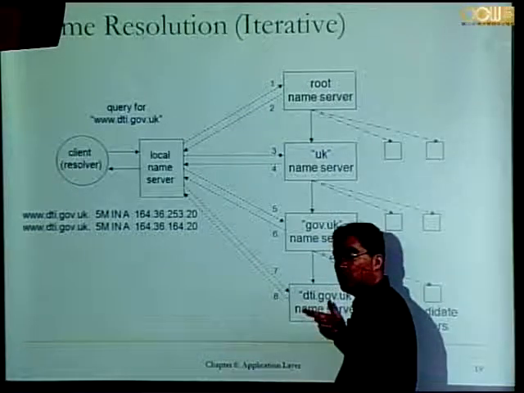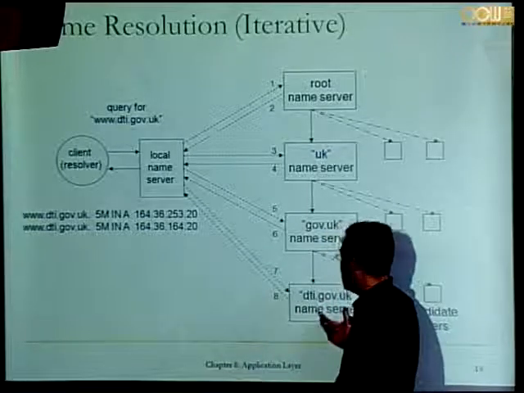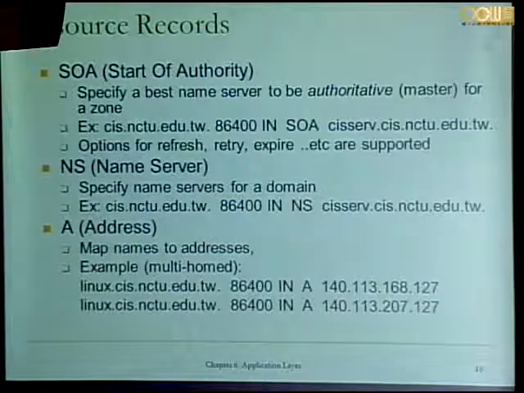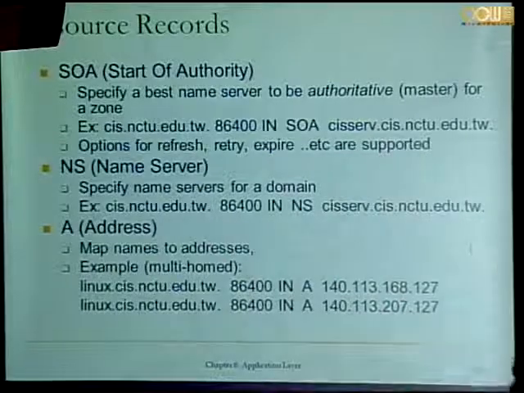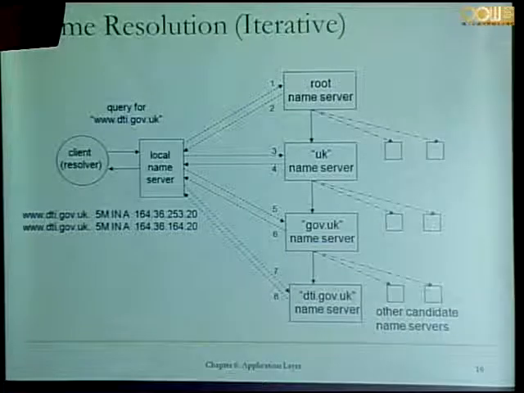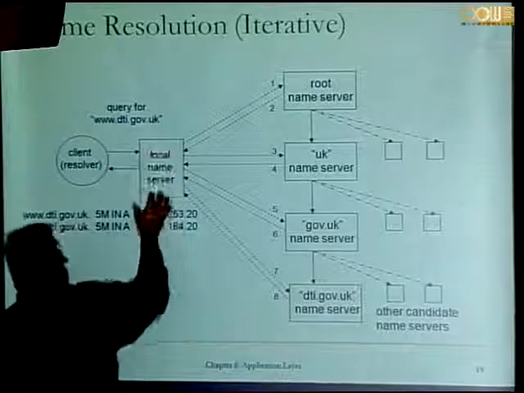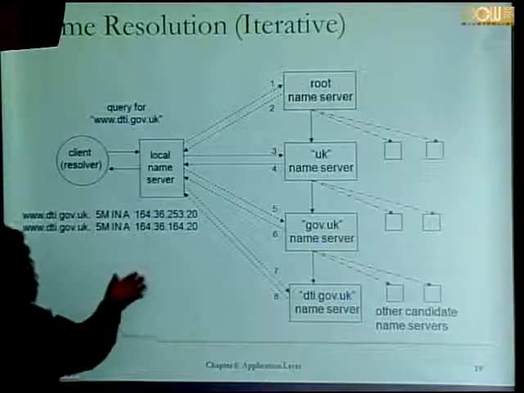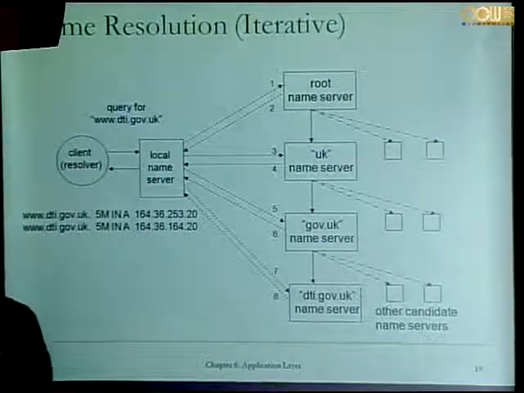The A record stands for from domain name to IP address. From the A record, it got the IP address for that domain, so it sent it back. Now the local name server got the answer, and actually it got two answers with two IP addresses. So it returned the client the two IP addresses.